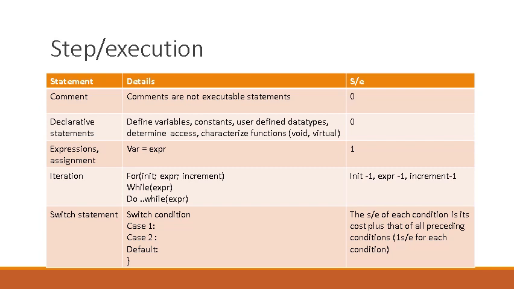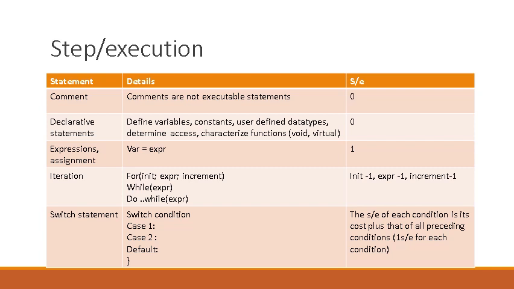If I have a switch and a condition we are specifying, then for the switch there is 1 step count, and for whichever case it goes to, its step count is 1 for that case plus the addition of all the previous cases it checked.